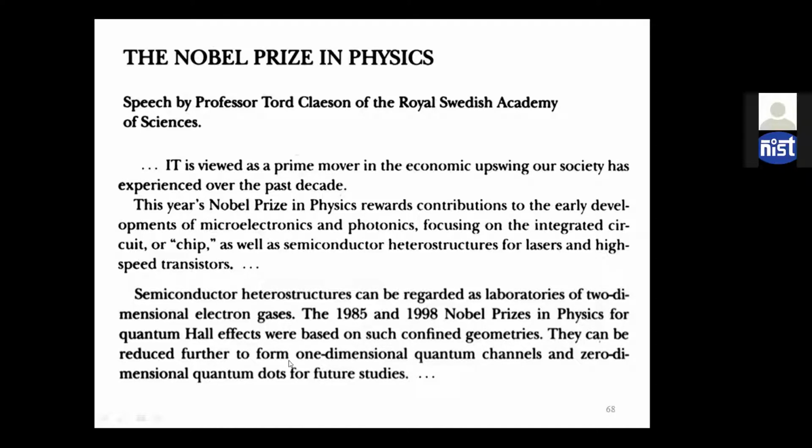They can be reduced further to form one-dimensional quantum channels and zero-dimensional quantum dots for future studies. So this was the statement by Professor Carlson of the Royal Swedish Academy of Sciences regarding the semiconductor heterostructure and how it changes the future of lasers and high-speed transistors.